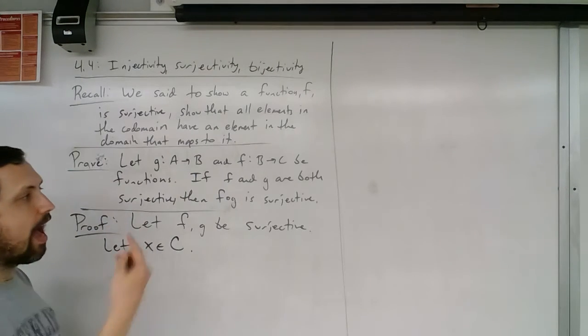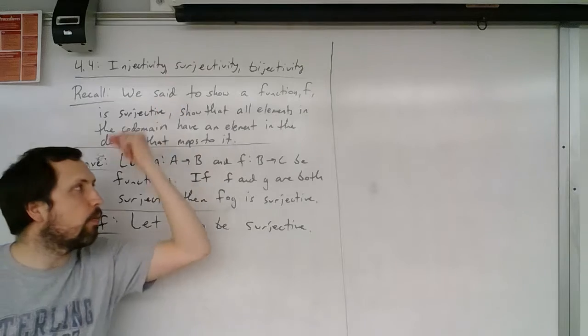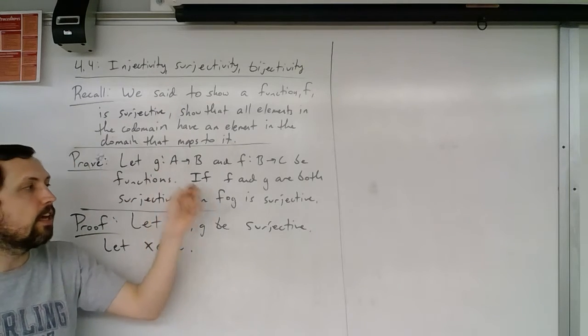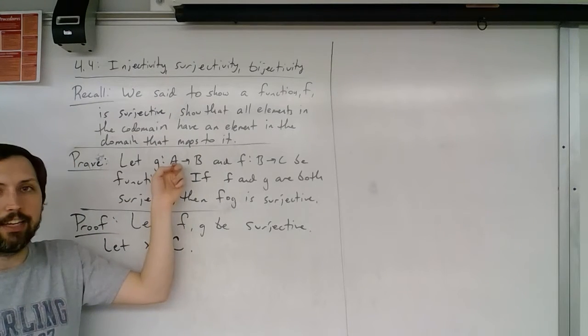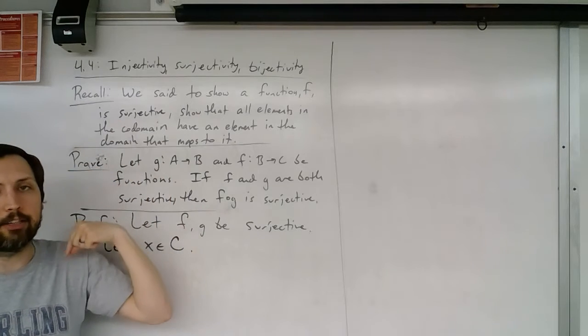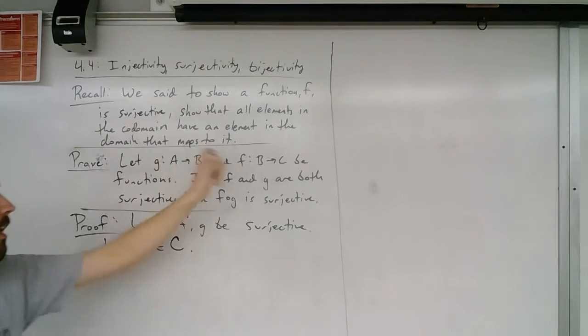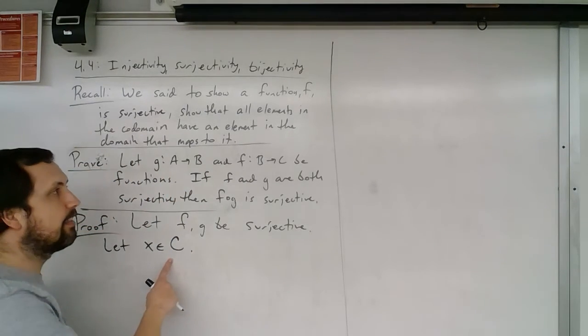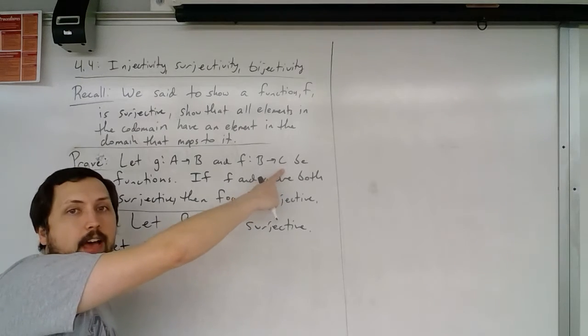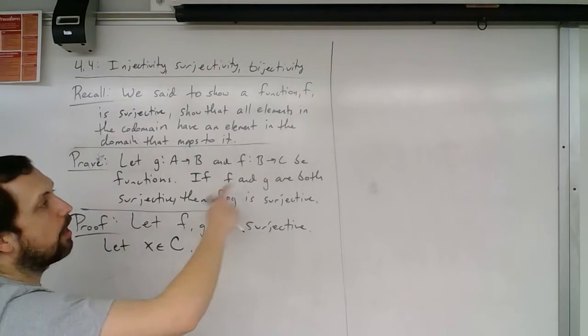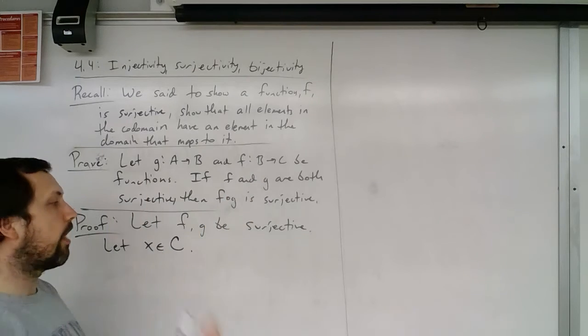Now we're trying to figure out, how can I find something all the way back to the original? The domain of F composed with G is A. So I need to work myself back two steps. So here, if X is in C, well, that's the codomain of F, right? So if we can now figure out what's going on with B, that'll be great.